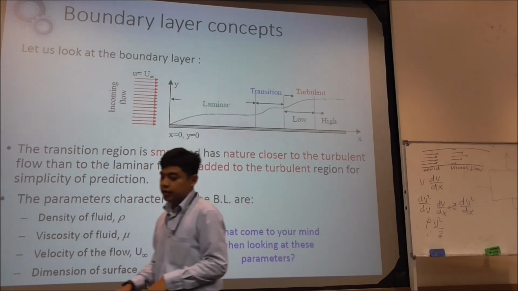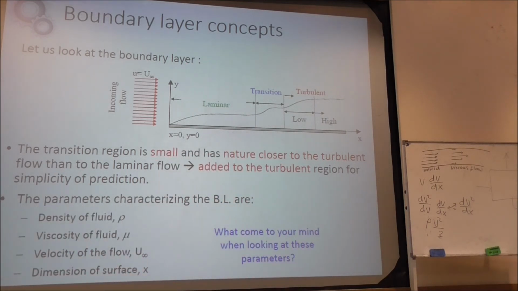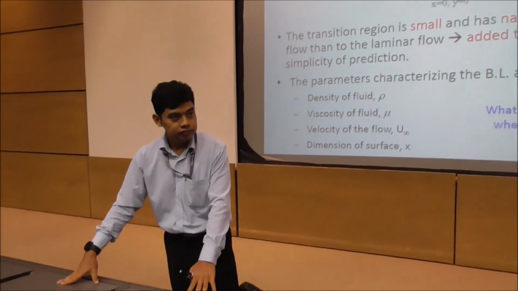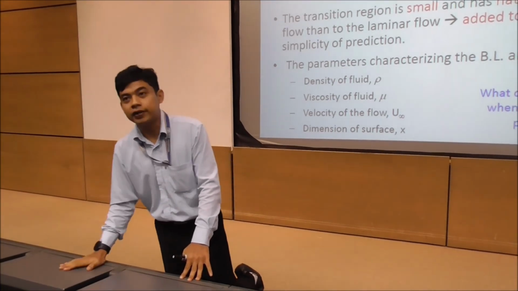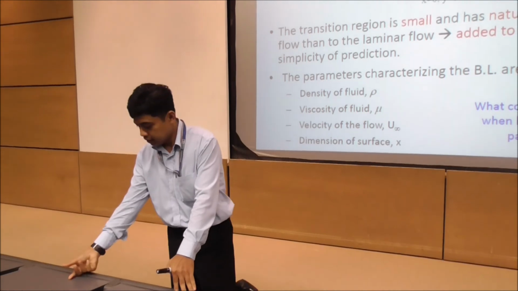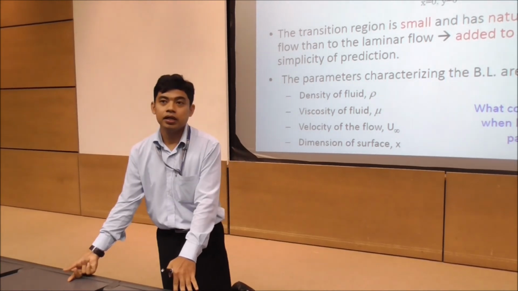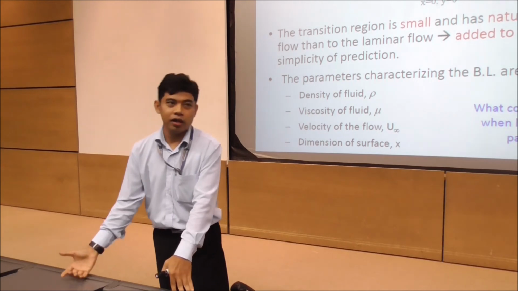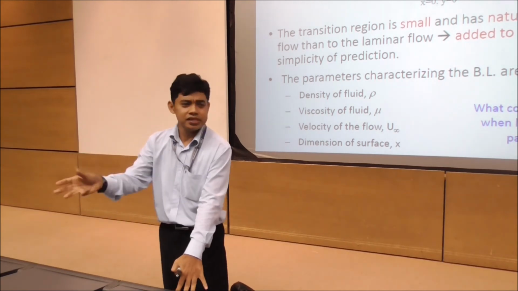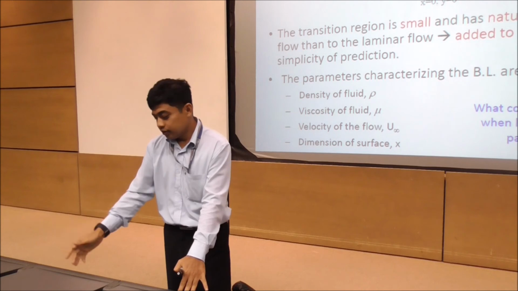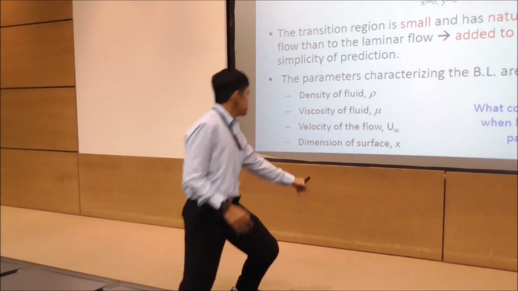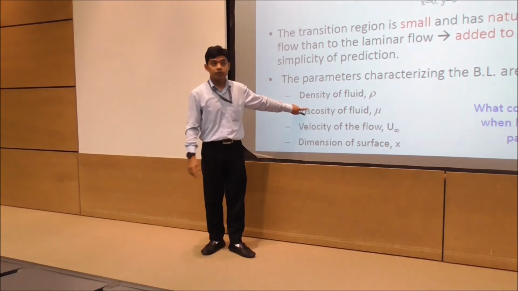When you have water moving over a plate, compare it with oil, you will see it will be different, right? The thickness of this boundary layer will be changing. Or if you compare cooking oil with water, which has roughly about the same density, the thickness is also different, which means viscosity will play a part.